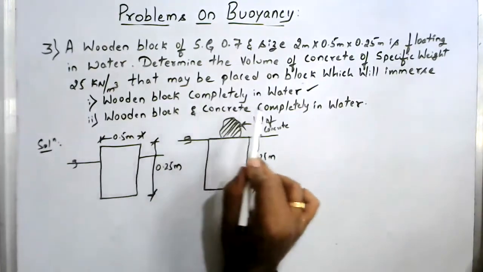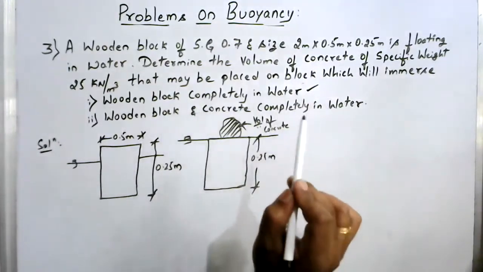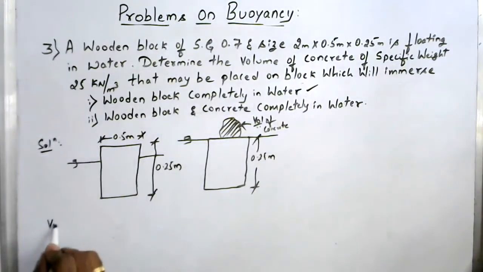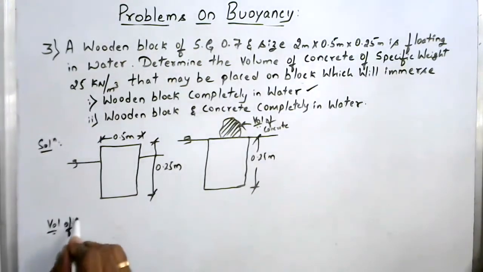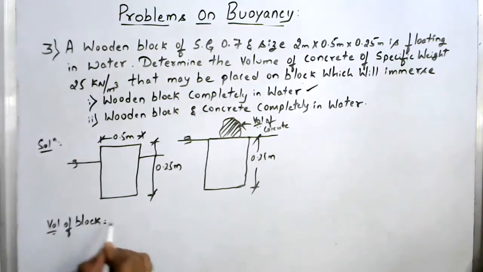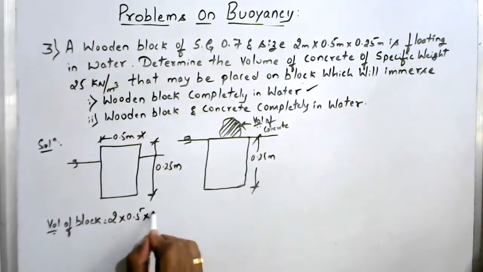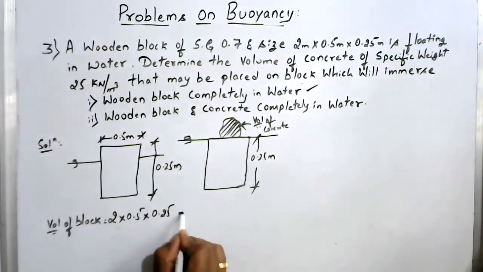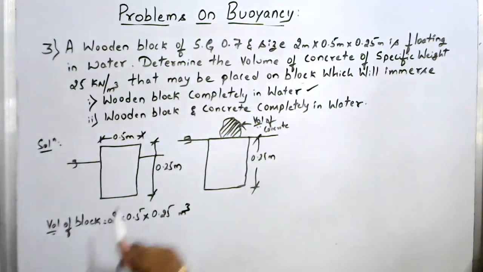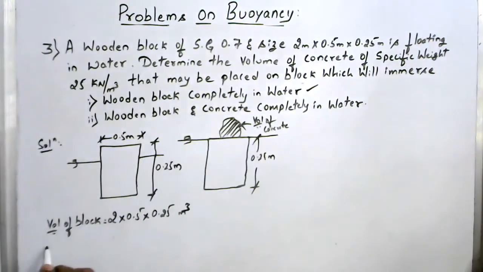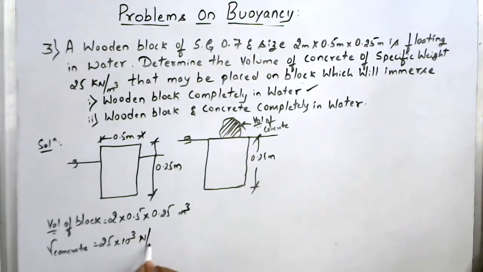So what are the details he has given? He has given the volume. The volume of the block is equal to 2 into 0.5 into 0.25 meter cube. Correct. So he has given the specific weight, that is gamma of concrete, which is equal to 25 into 10 power 3 Newton per meter cube.